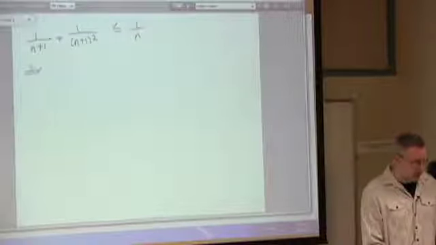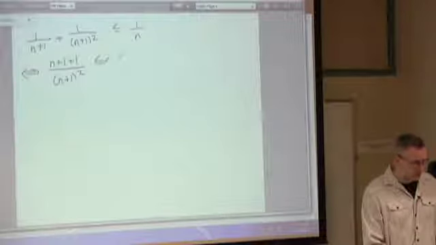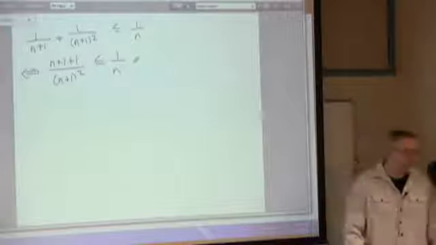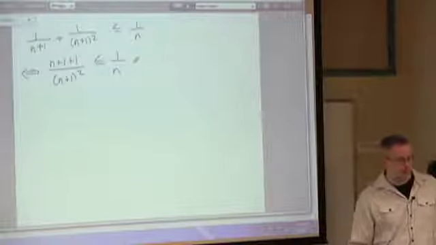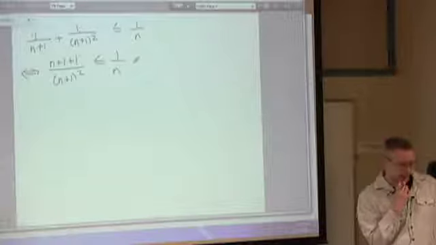Well, if we get a common denominator, this is the same thing as n plus 2 over n plus 1 squared, less than or equal to 1 over n. Okay? See what I did here? I just multiplied the first fraction, top and bottom, by n plus 1.